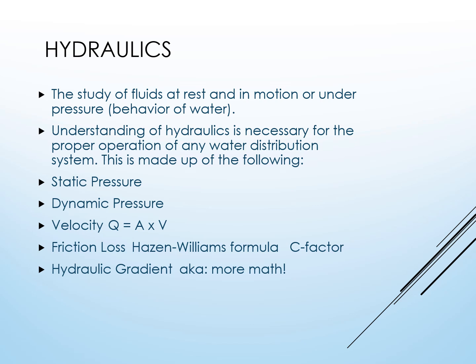However, you have hydraulic gradient, so as water moves away from its source, it's experiencing more friction and less likely, or it's impossible that it would ever reach that elevation ever again. But anyway, a lot more math as we go through this course.